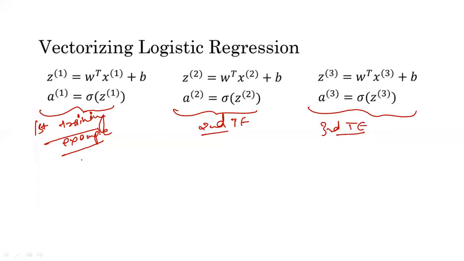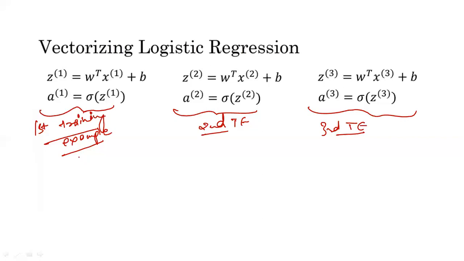So if I have a single training example, my input vector would have a dimension of nx cross 1. But suppose that I have m number of training examples, then what would be the dimension of the input vector? The dimension of my input vector with m training examples would be nx cross m.